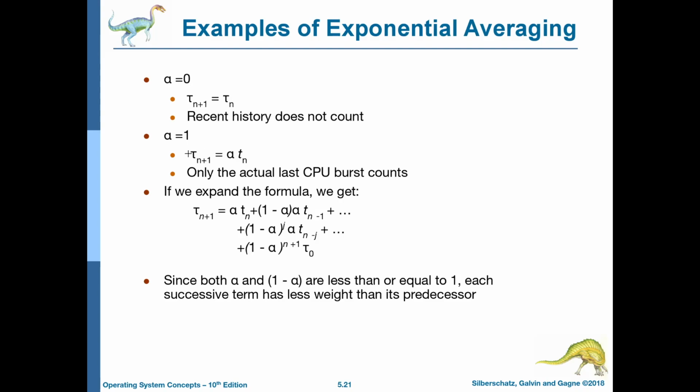If alpha is set to 1, we actually only consider the CPU burst count. And so the nice smooth curve that we saw in the previous diagram actually matches the jagged representation of the job lengths, and thus does not give an accurate view of how the process has operated in the past.